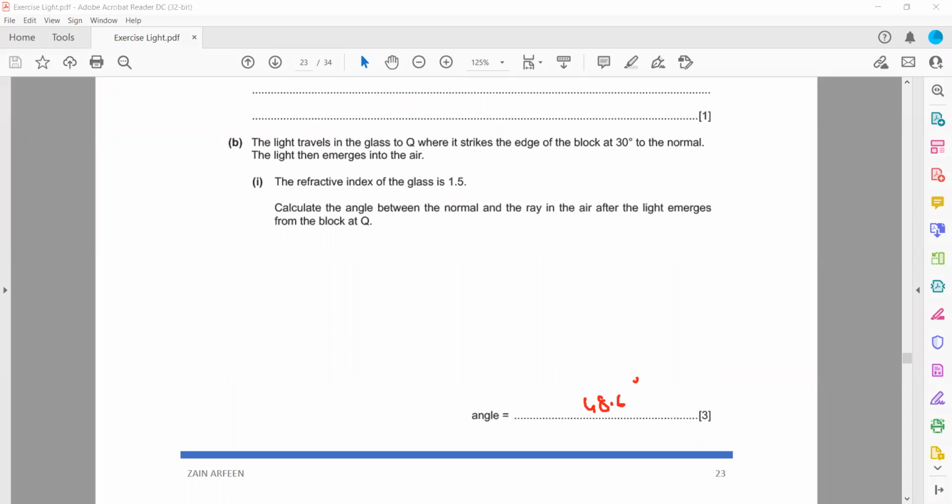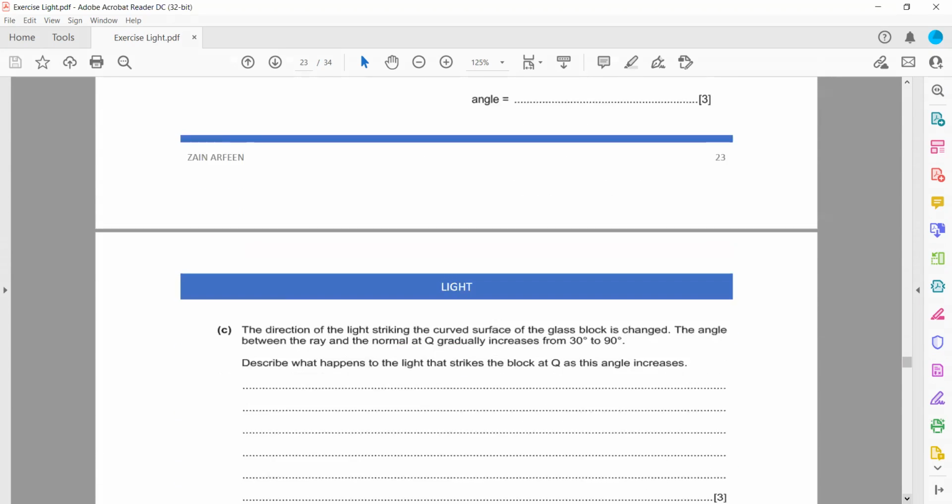Is it clear? It is important to understand that the formula of refractive index depends on the situation. Traveling from air to glass, it is different, and traveling from glass to air, it is the opposite or a different formula.